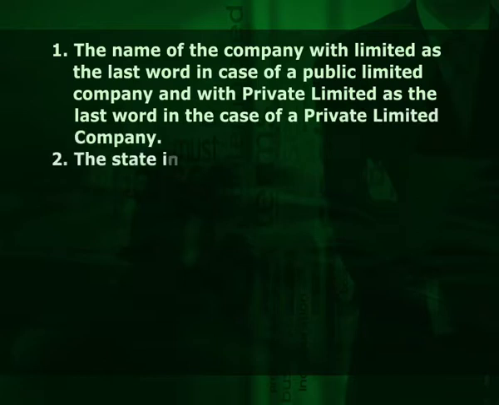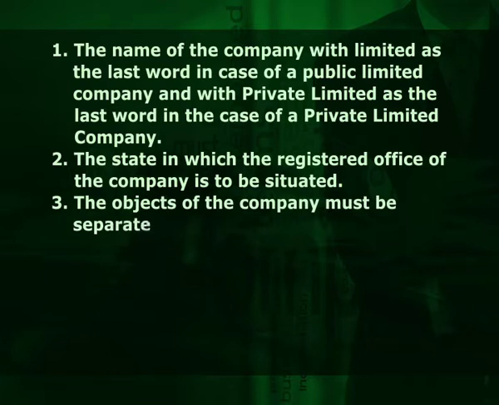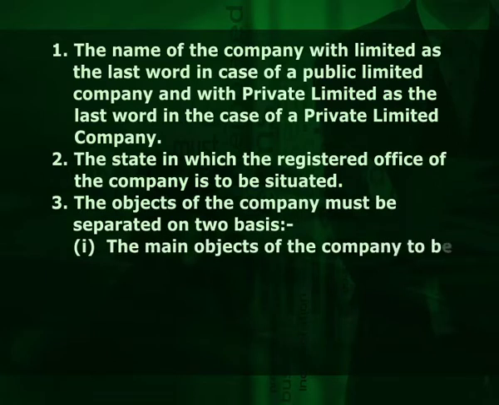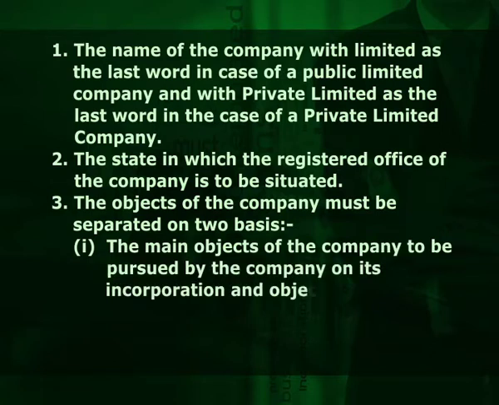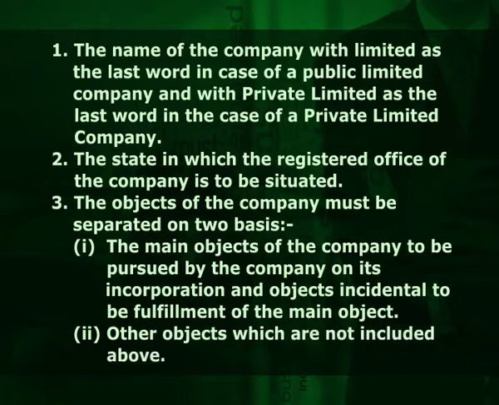Second, the state in which the registered office of the company is to be situated. Third, the objects of the company, which must be separated on 2 bases. The first one, the main object of the company to be pursued by the company on its incorporation, and objects incidental to the fulfillment of the main object. Second, other objects which are not included above.